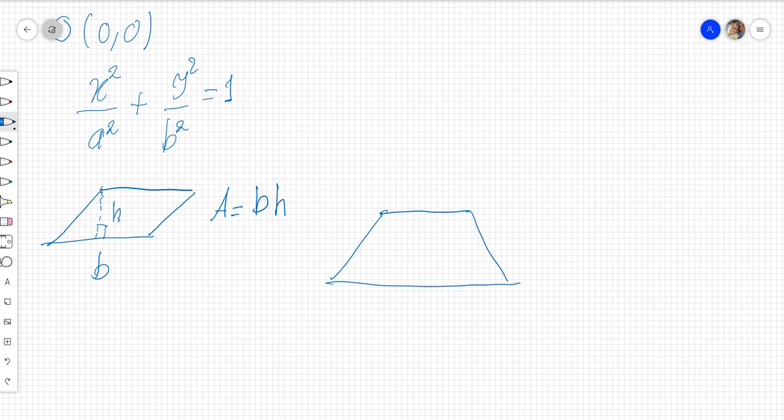Trapezoid has top side A, base B, height h, so the area will be the average of A plus B, so (A plus B) over 2 times h, or height times the average of the bases.